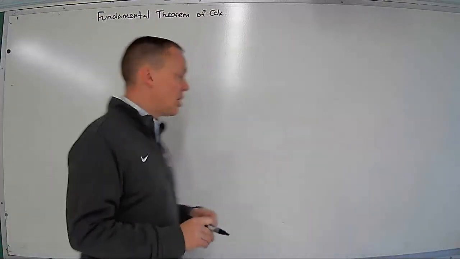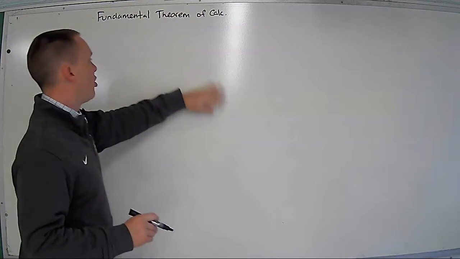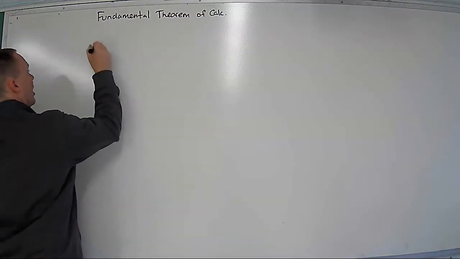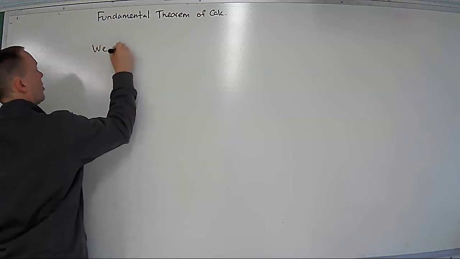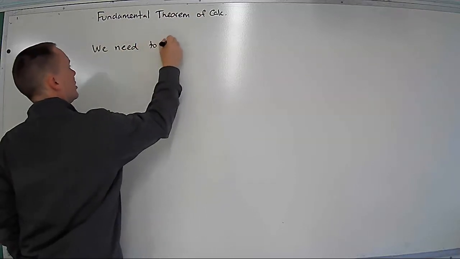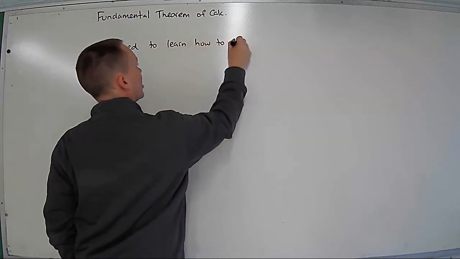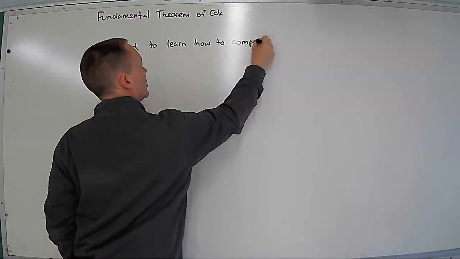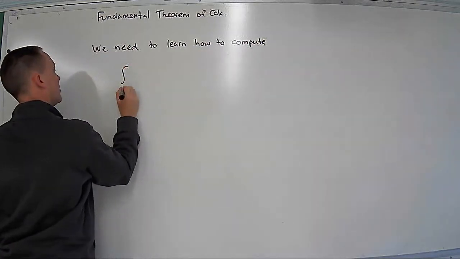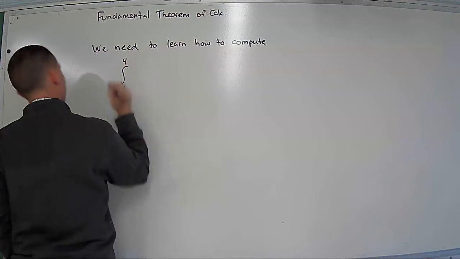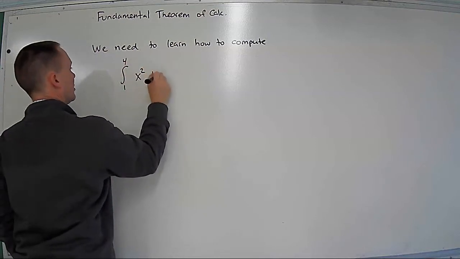Okay, so here we're going to talk now about the second form of the fundamental theorem of calculus, and it's going to start with something like this. We need to learn how to compute a straight-up integral, like this. Say if I said 1 to 4 of, I don't know, x squared dx.